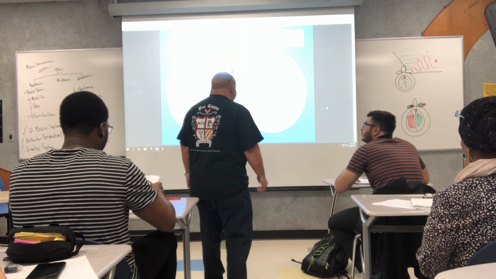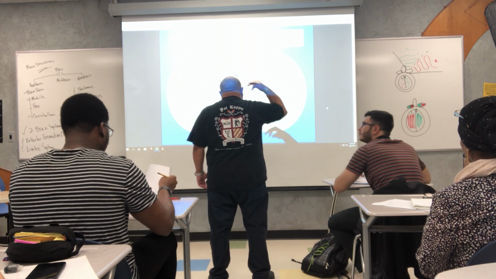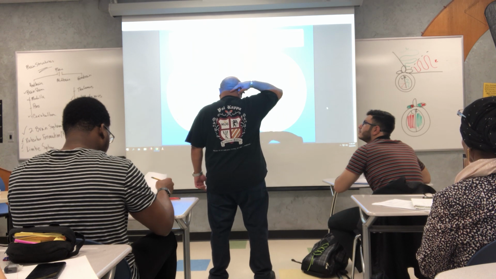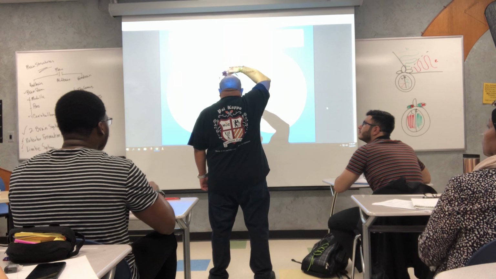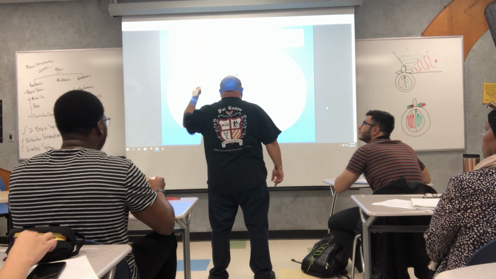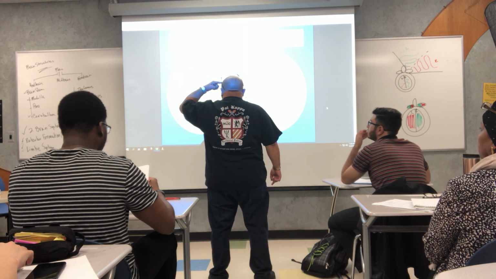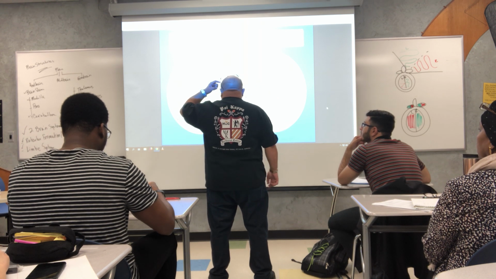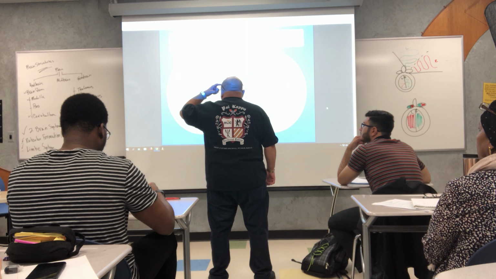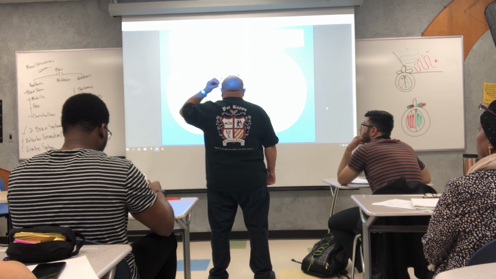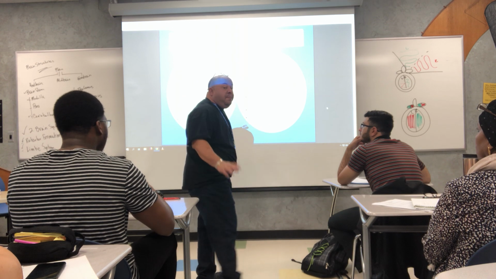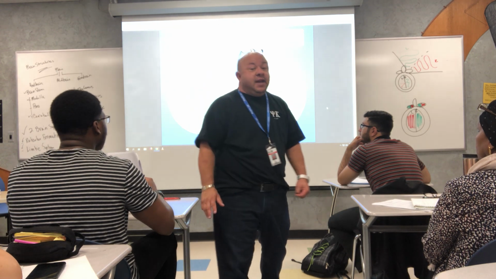So at the base of the spinal cord, all of the neurons that come from the right side of my body, at the base of the spinal cord, will cross over and they will go up to the left side of my brain. So my motor neurons will cross over to the left side of my brain. And the left side of my brain, I'm sorry, those were sensory neurons. I apologize. Okay, let me do that again.